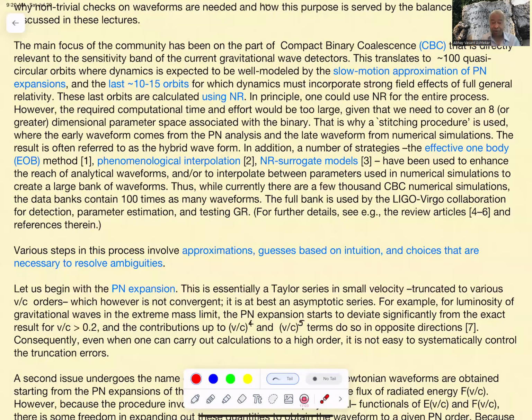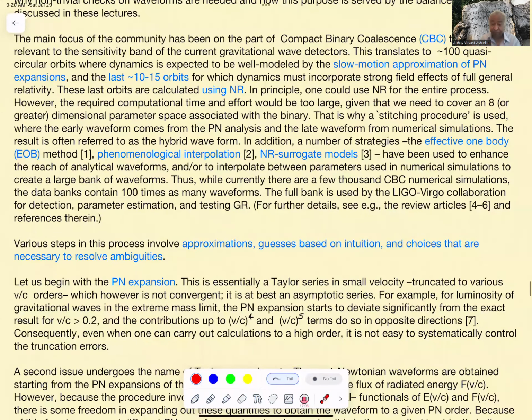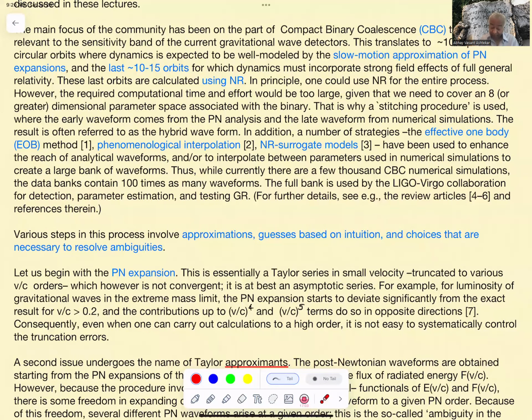And to most of the theoretical, mathematically oriented people, it comes as a big surprise that already there are a few thousand compact binary coalescence numerical simulations, but the data bank that LIGO Virgo routinely uses to identify a signal and then to estimate the parameters contains waveforms which are about 100 times that.